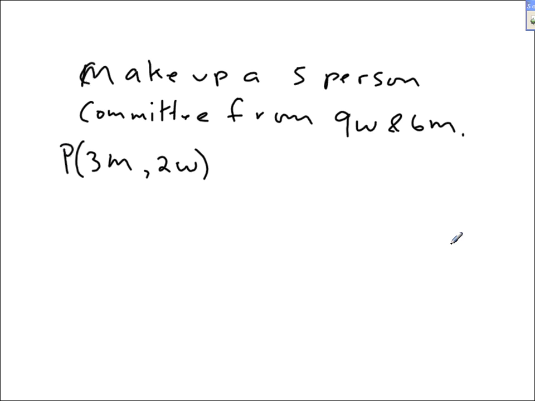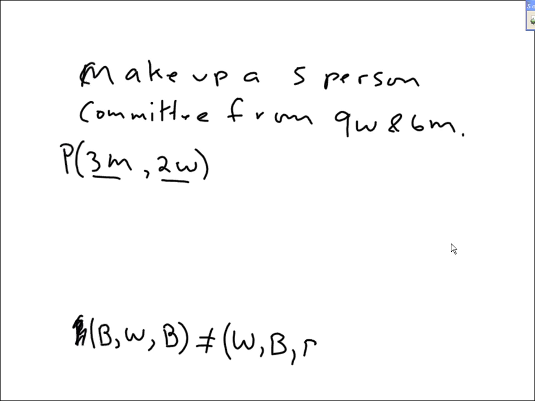Now here the order doesn't matter. It isn't like first, second. The probability of getting a black marble and then a white marble and a black marble, that event is not the same event as getting a white, a black, and then a black.